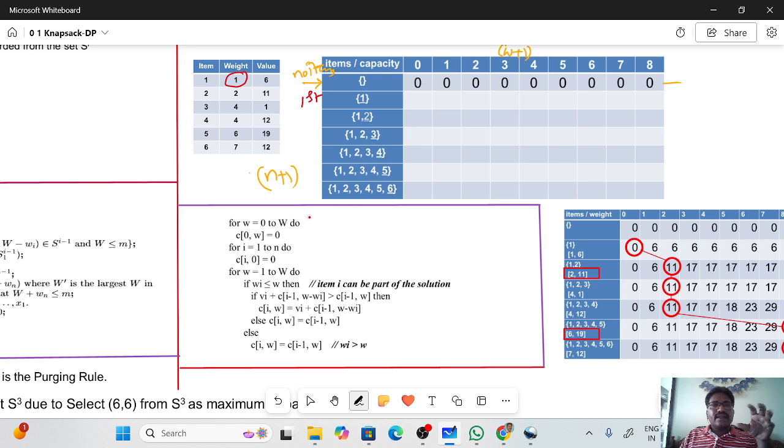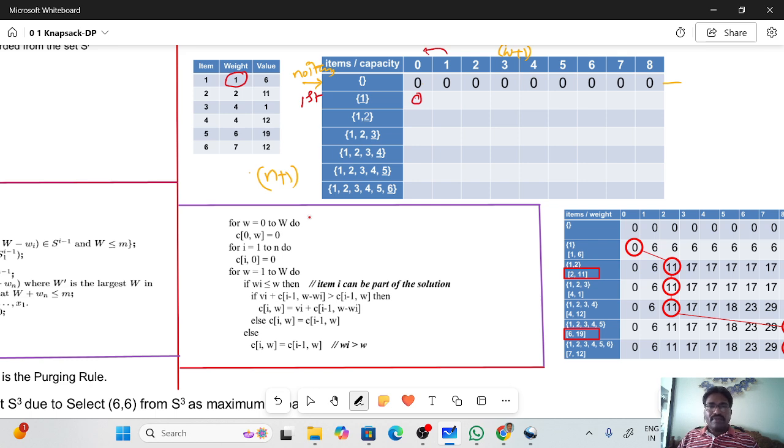So either we consider the full item or we must ignore the full item. Item 1's weight is 1, so before that, all weights are 0.